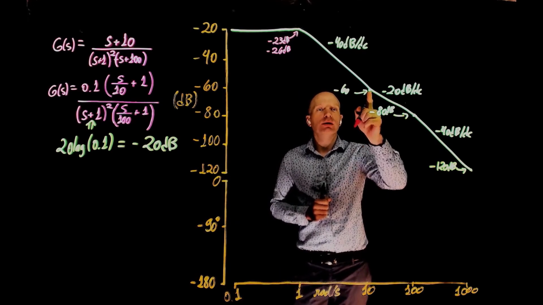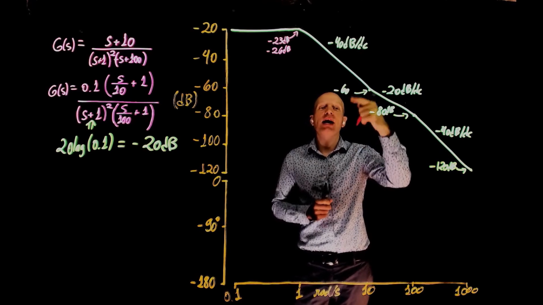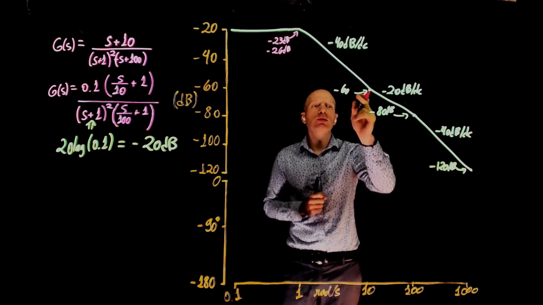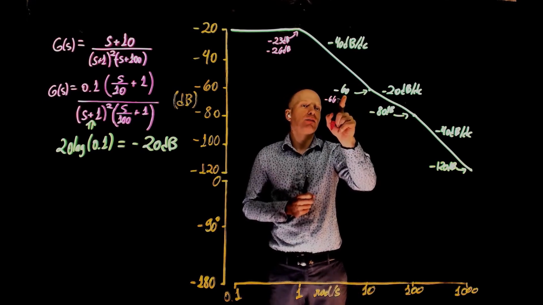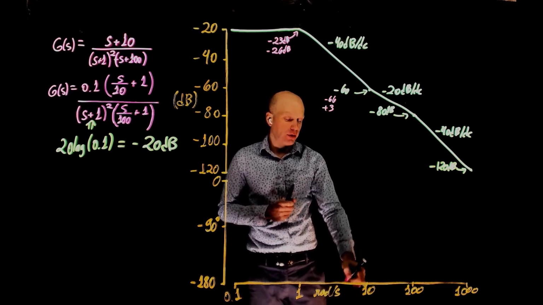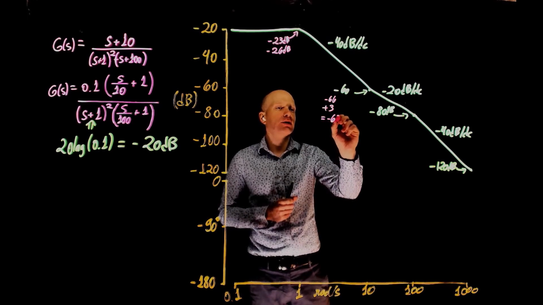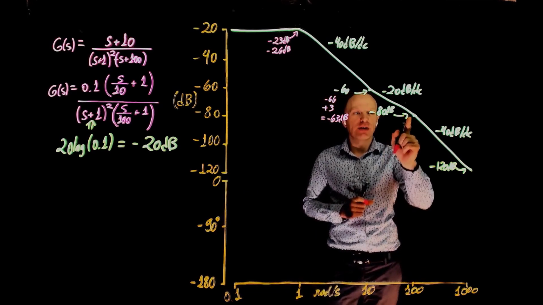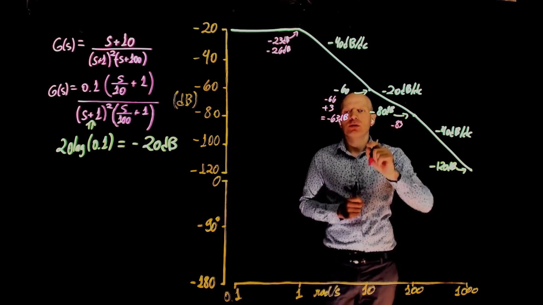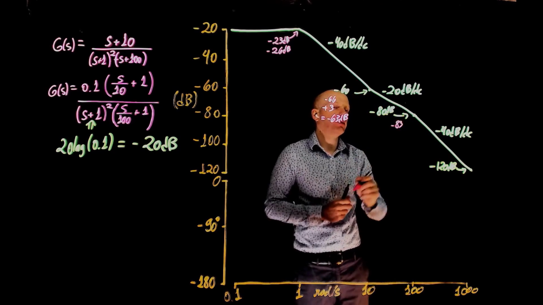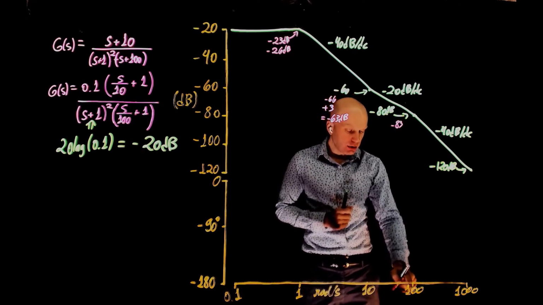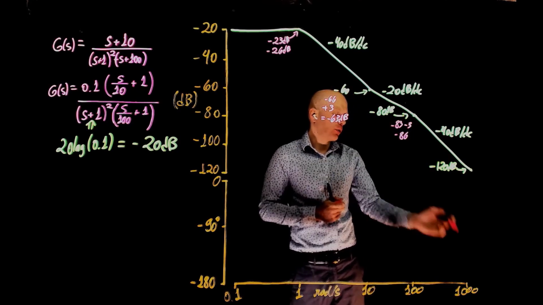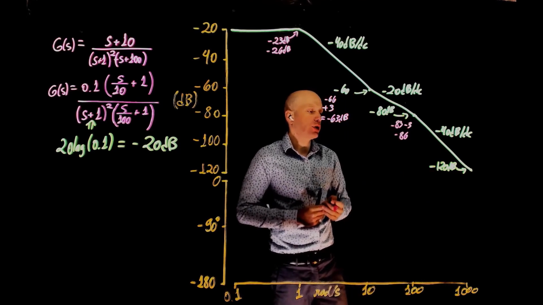When you get to 10, the 0 adds 3 dB above the current value, so we would have negative 66 up to this point, plus 3 from the 0 would be negative 63 dB. And here at 100, we have negative 63 minus 20, that would be negative 83. Minus the 3 dB from this pole would be negative 86 decibels. And of course, at 1000 radians per second, we would be at negative 126 dB.